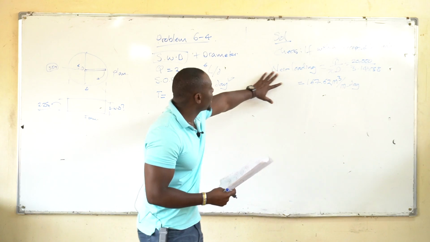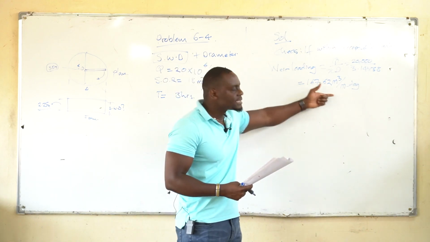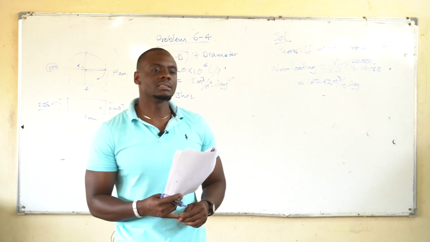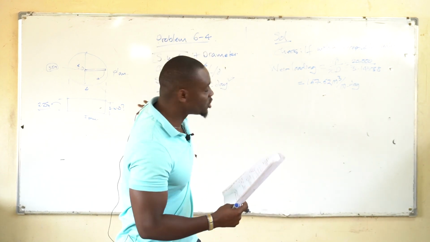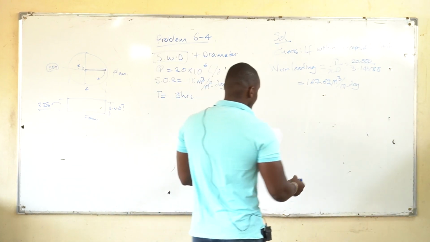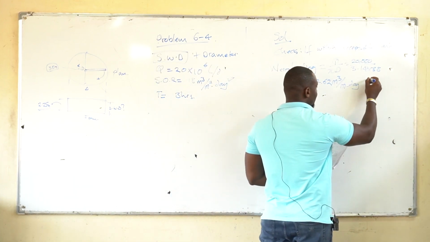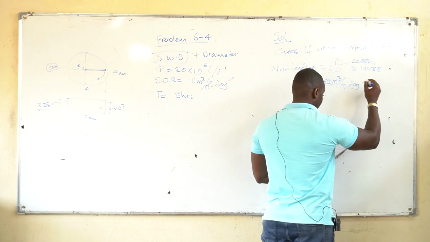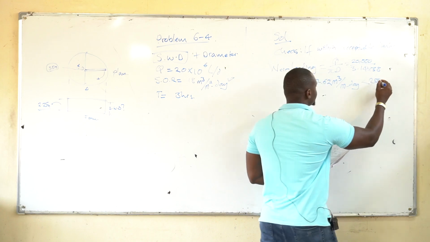So if your wear loading is less than a certain value, then we say that the structure is safe. So I can go on to say this value is less than 250.